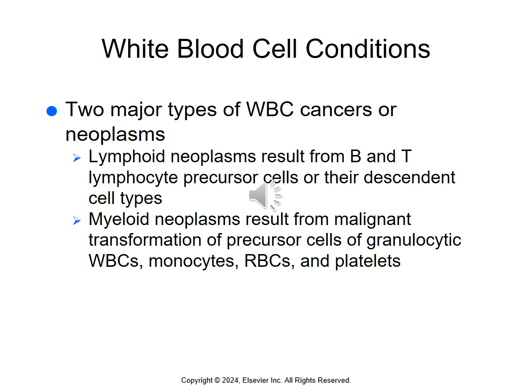Then we have our myeloid neoplasm, which results from malignant transformation of precursor cells of the granulocytic white blood cells, monocytes, red blood cells, and platelets.